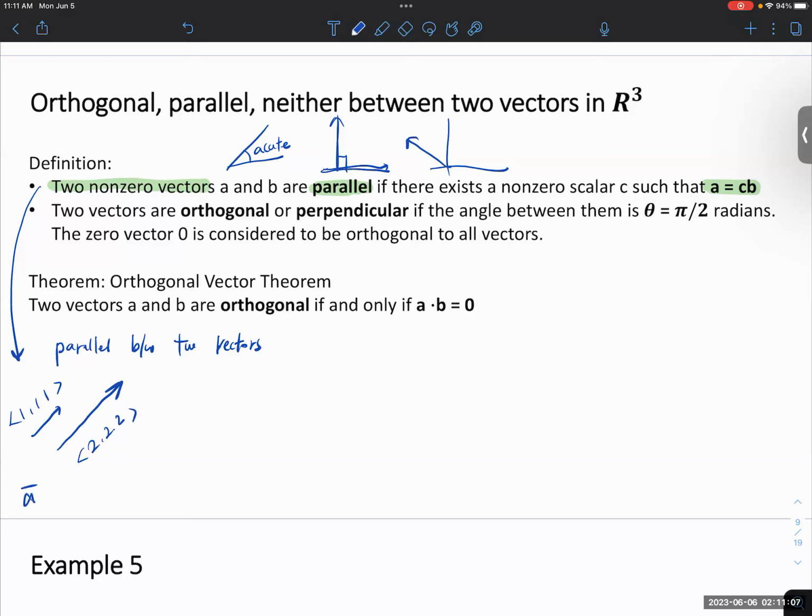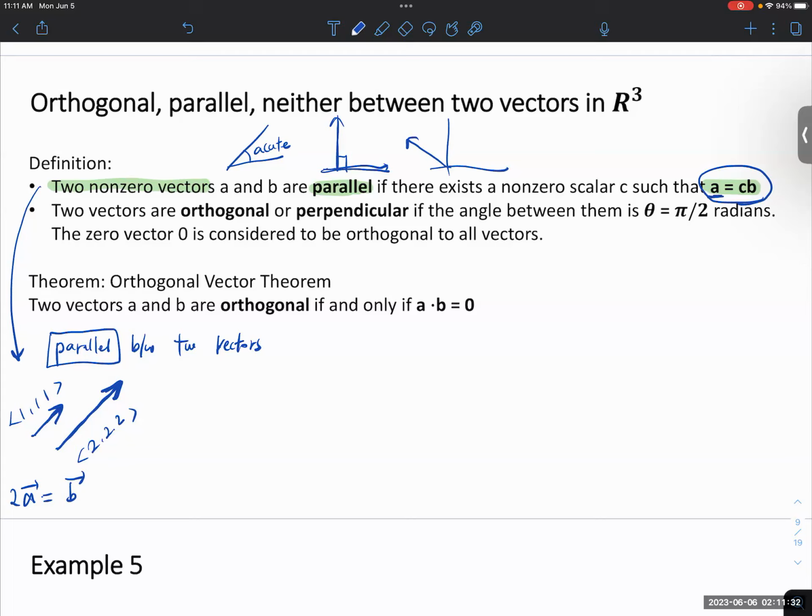A vector times 2 is always the B vector. So if two vectors are parallel, one vector multiplied by a scalar is going to be the same as the other vector, because they're parallel lines. So there exists a scalar C.